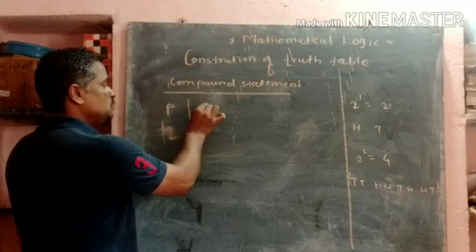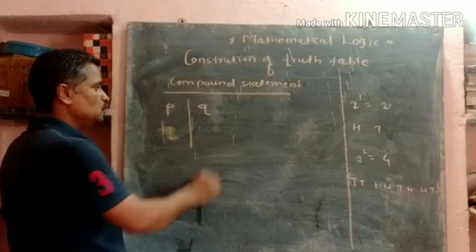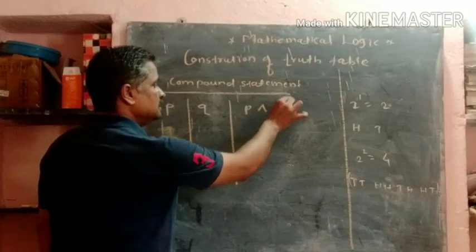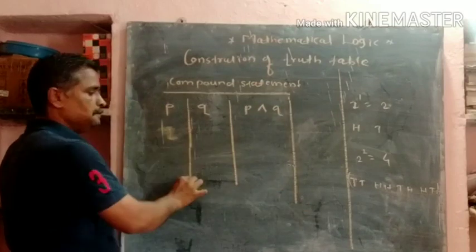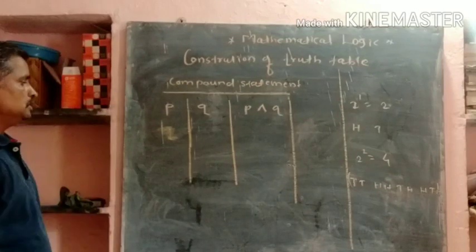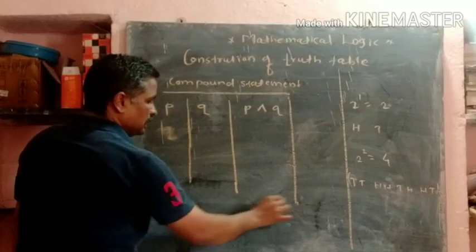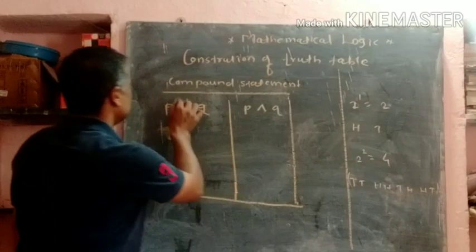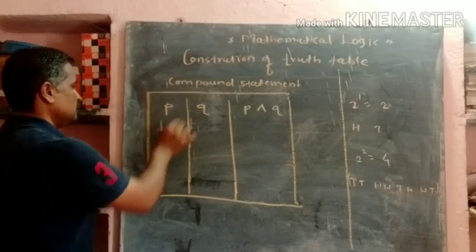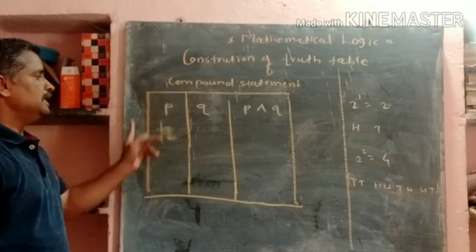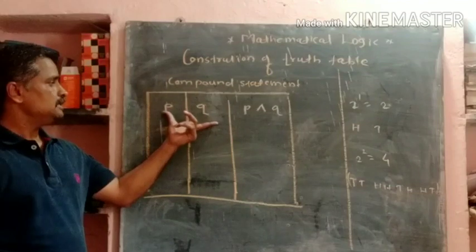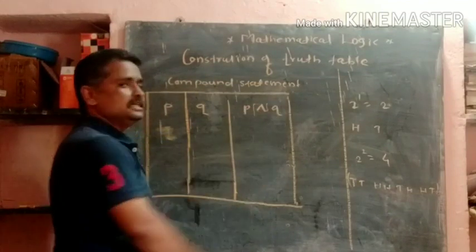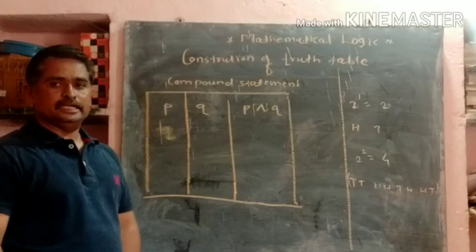If we have two statements P and Q, and we use the operation P conjunction with Q, we consider P and Q as two statements and use conjunction as the operation on them.